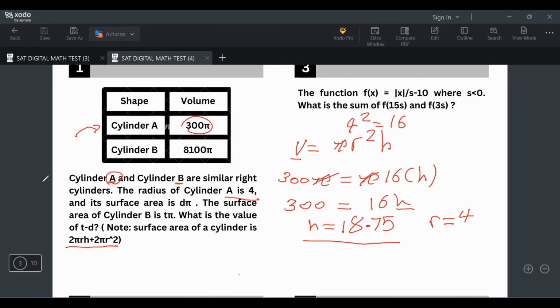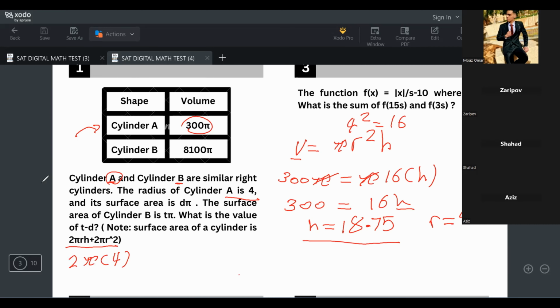So now we'll plug these values into the surface area equation that we have. So we will have 2 pi multiplied by r, which is equal to 4, multiplied by h, which is 18.75. And that's added to 2 pi multiplied by r to the power of 2, which is 16. So that will be equal to 32 pi plus 8 pi multiplied by 18.75.